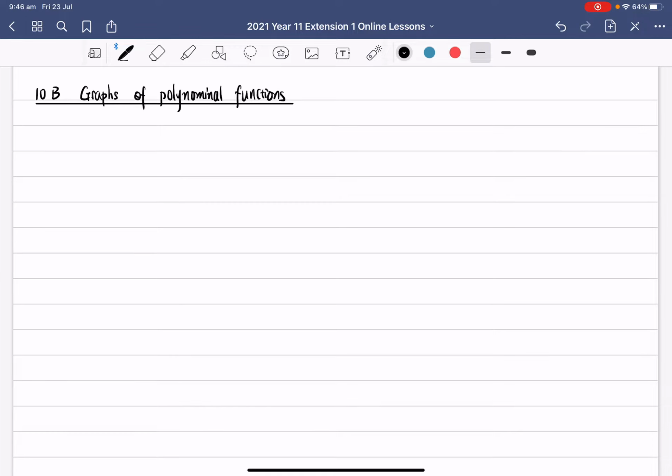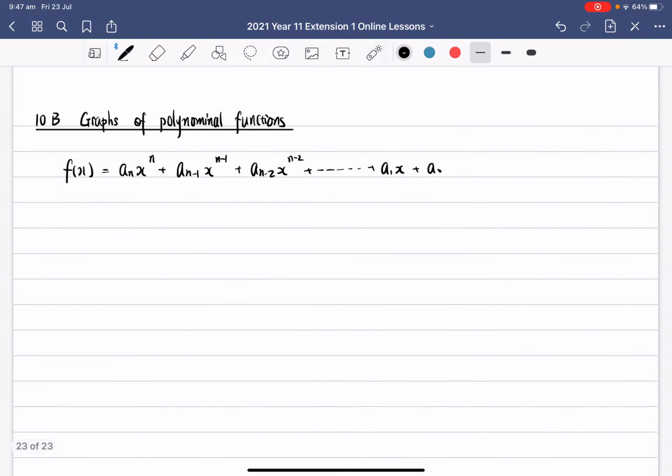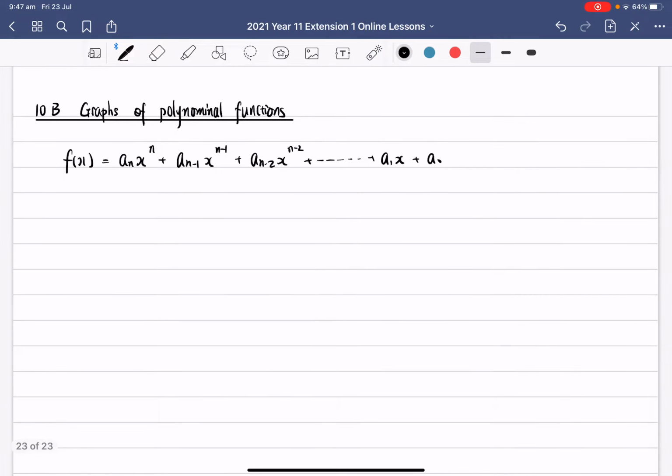So imagine we have a polynomial function, obviously the first step is a_n x to the power of n, and let me just write this as a general polynomial first, up to a_1 x plus a_0. Okay, so if we have a polynomial function like this, the first step, if you want to sketch this without using calculus or differentiation, is you need to factorize.